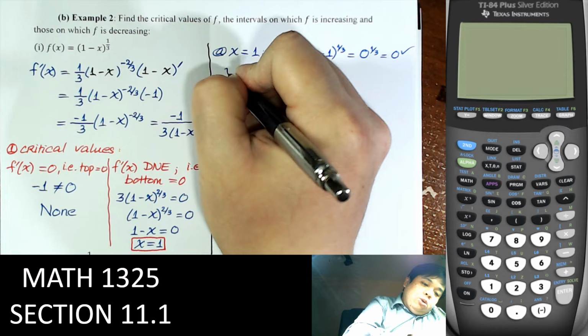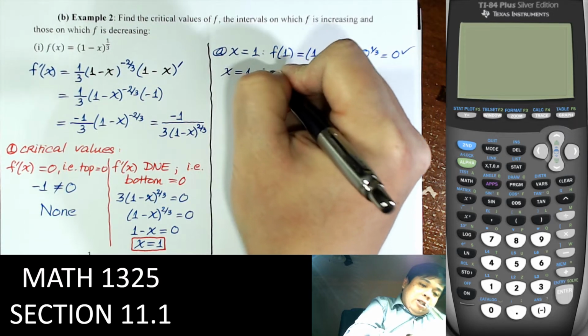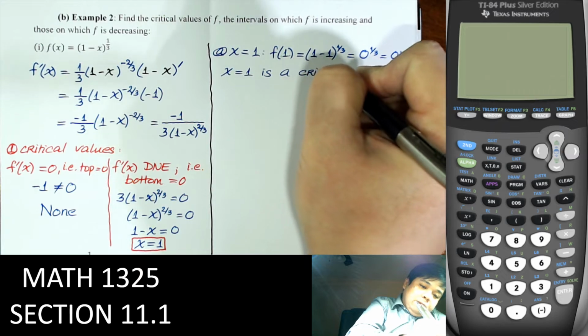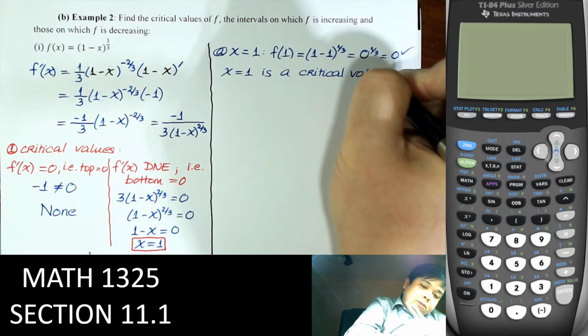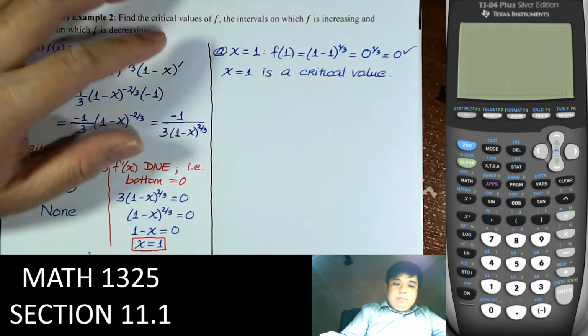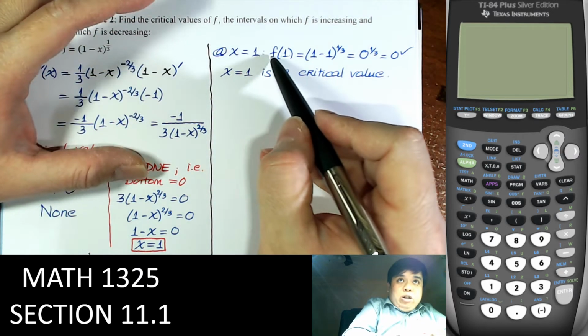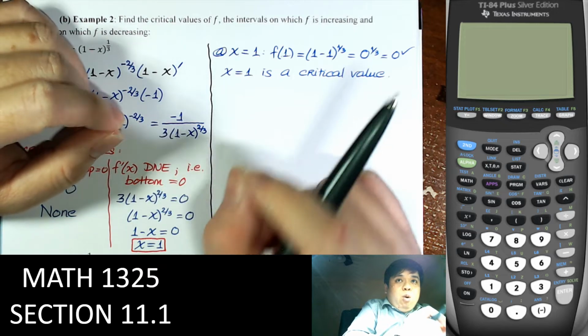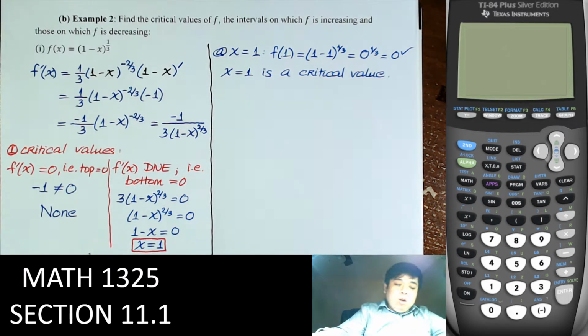So x equal to 1 is a critical value. So we check with the original function because we need the point to be in the domain. Right, so that's the first part.